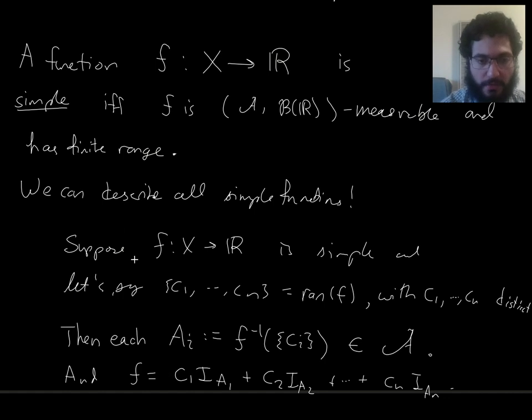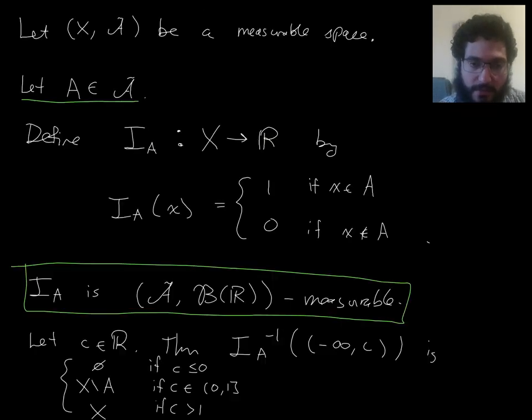And another comment is, actually what we've done is we've described what all the simple functions have to look like. They have to look like linear combinations of indicator functions of measurable sets. But we have not verified that anytime you do this, you get a simple function. So the collection of simple functions is contained in the collection of linear combinations of indicator functions of measurable sets. But what about the converse? For that, how about looking at it this way?